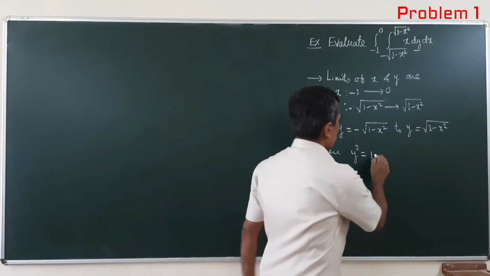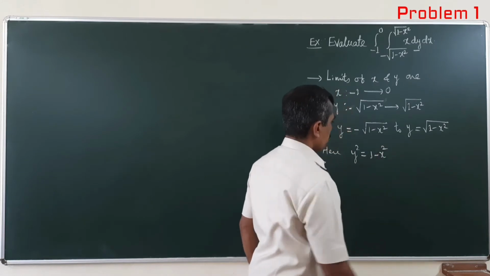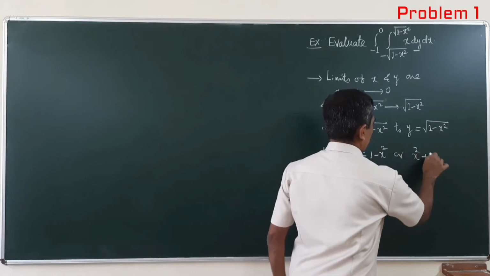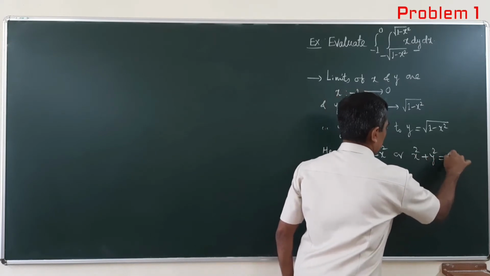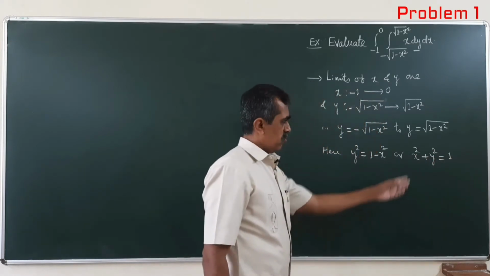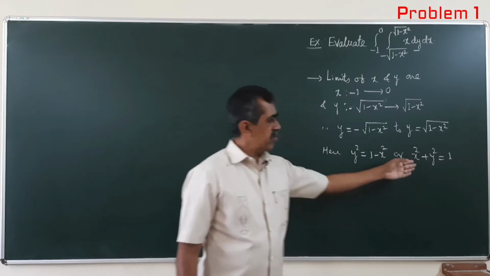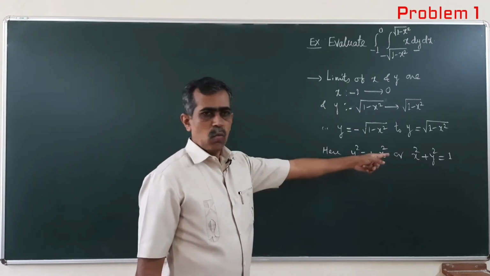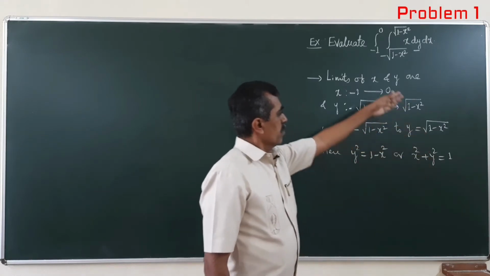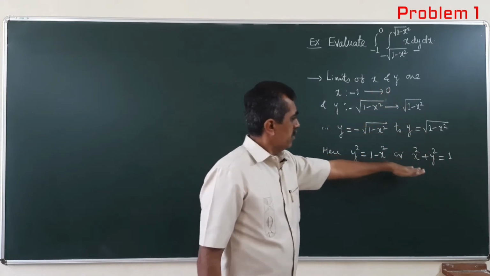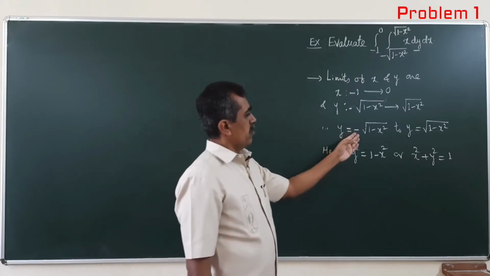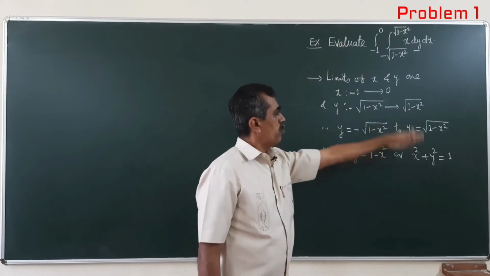So x square plus y square is equal to 1, which is a circle with center at origin and radius 1. So y runs from minus this part to plus this part of the circle.